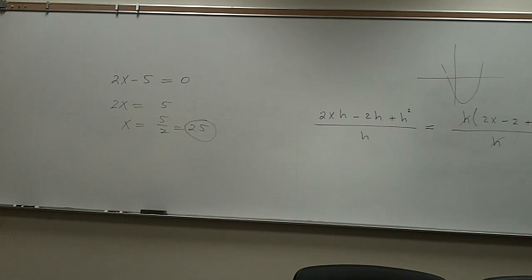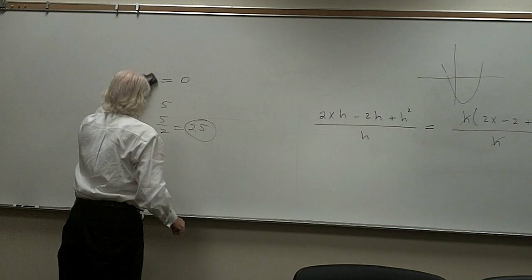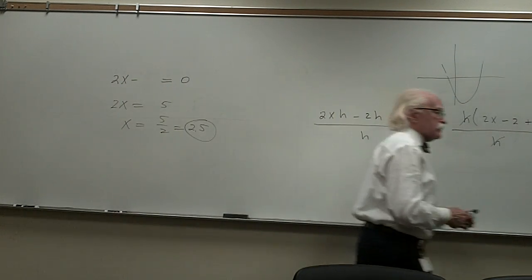Yes? Would you use 2x minus 5 or 2x minus 2? It's what now? 2x minus... Oh, who did that? I got a bad marker. Y'all give me a second.